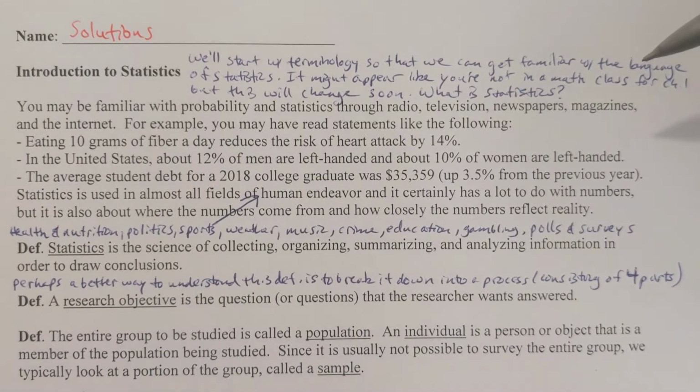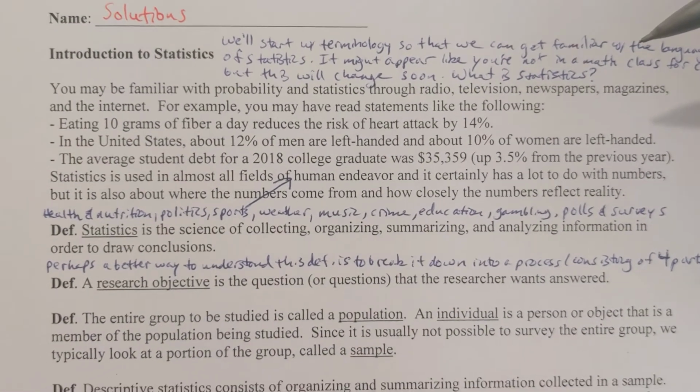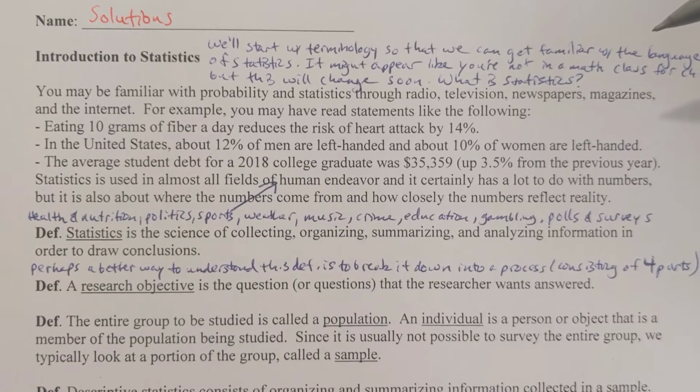So probably the first question that you might have is, what is statistics? You might be familiar with probability and statistics through radio, television, newspapers, magazines, and the internet. For example, you may read statements like the following. Eating 10 grams of fiber a day reduces the risk of heart attack by 14%.